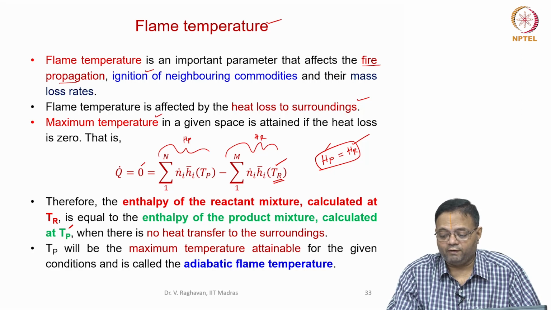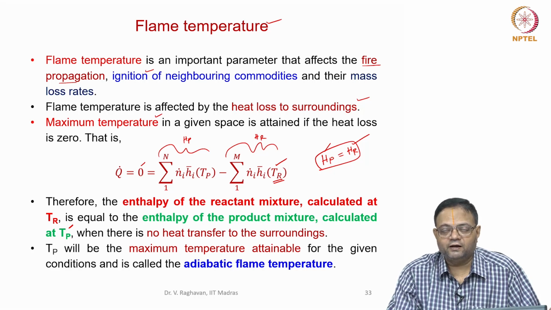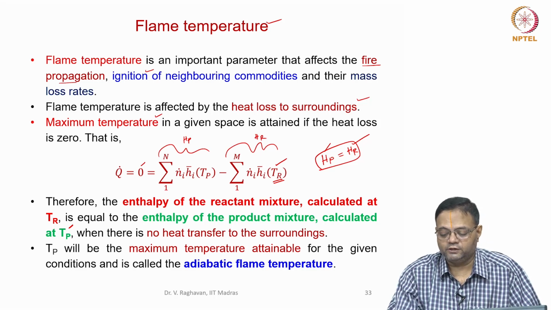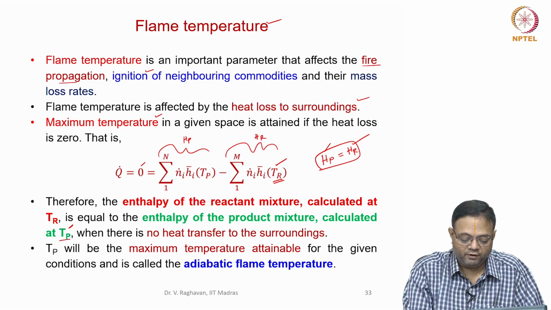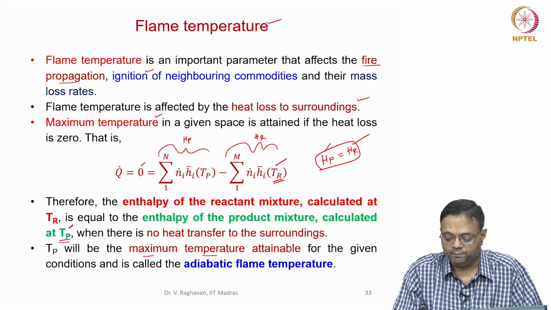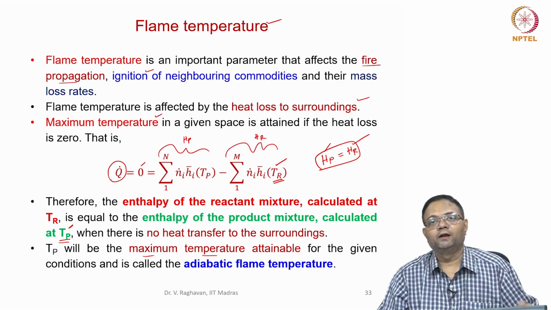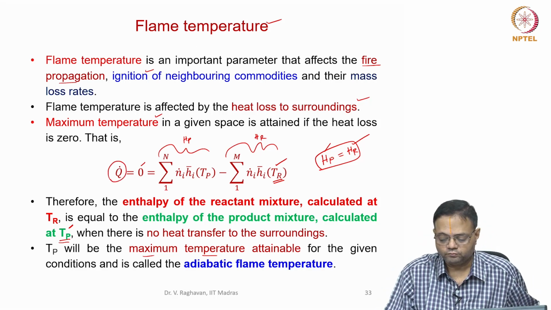If you calculate the value of Hp at a given temperature Tp, so that Hp will be equal to HR, then Tp will be the maximum temperature that is attained when the space is adiabatic, that is Q dot equal to 0.